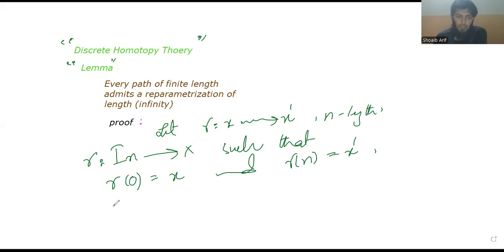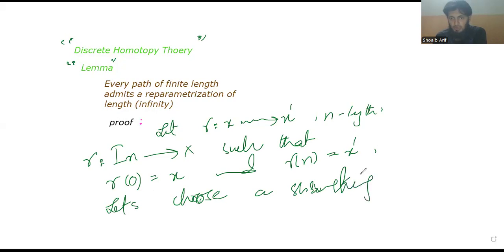Let's choose a shrinking map, which is S from I infinity to I_n, given by this equation.